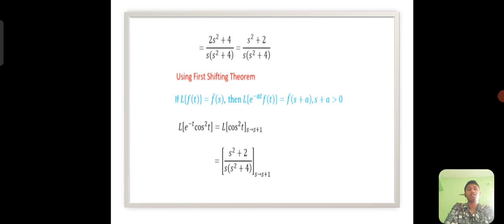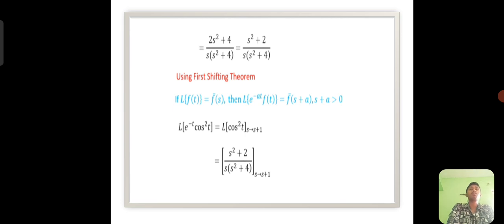Using the first shifting theorem, if L{f(t)} = F(s), then L{e^(-at) f(t)} = F(s + a). Since e^(at) here has a minus, we consider F(s + a), where s + a is greater than 0.